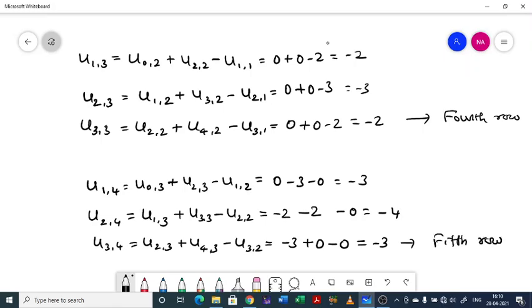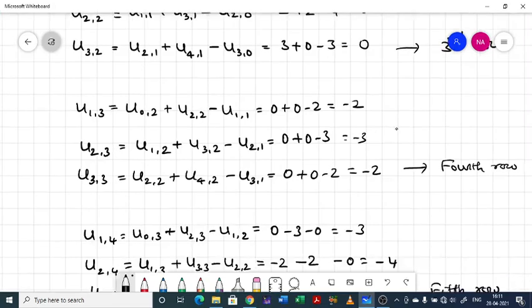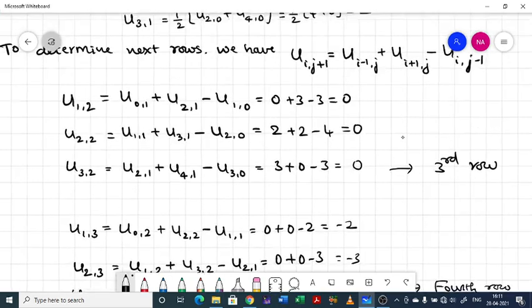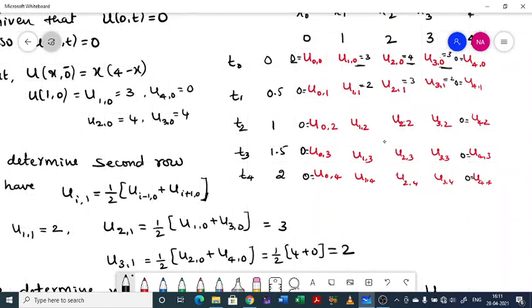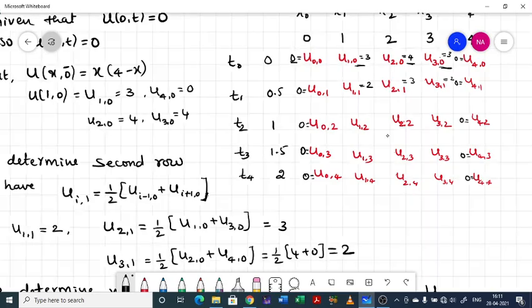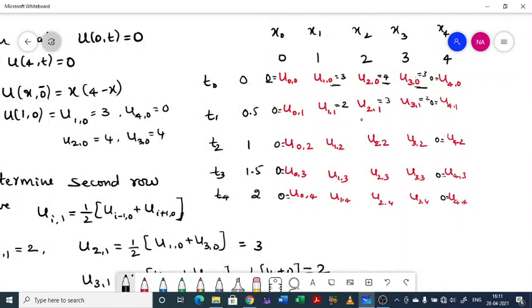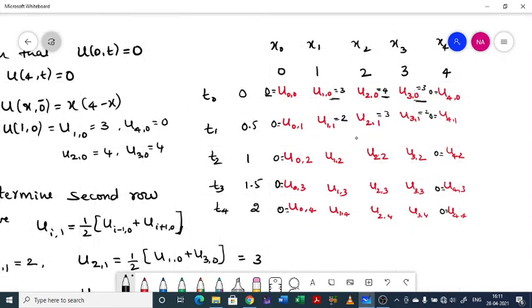So finally you have to rewrite the table where you have to write the values of u. The final table is I am writing here.